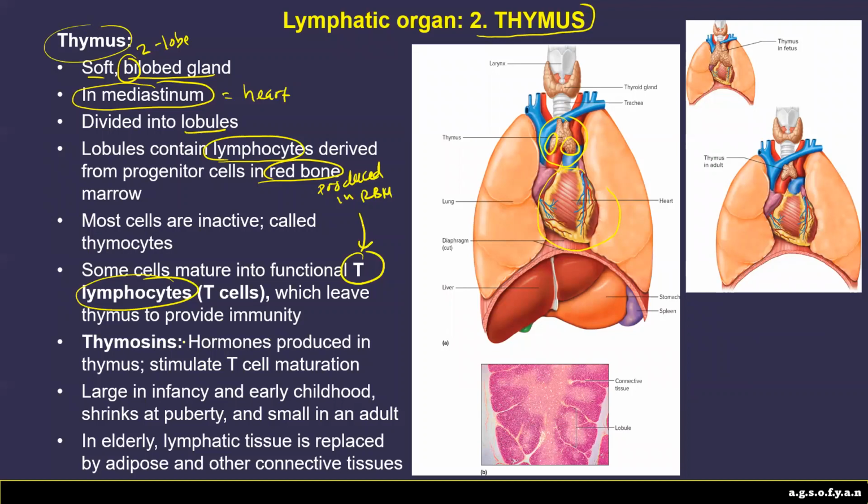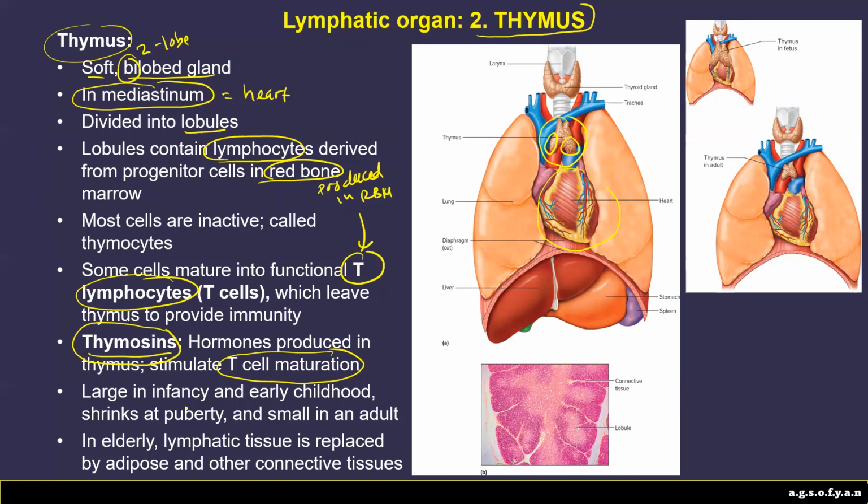In the thymus gland, the T cells become mature. T cell maturation is helped by the hormone produced by the thymus gland. It's called thymosin.